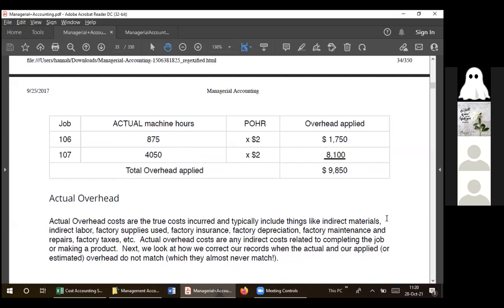Okay, so what we are doing here until now is an estimate. We made up these numbers. The POHR is a made up number, but very important. That does not make it any less important for the business. Now it has to be predetermined in order to estimate your delivery cost. And we are all used to this.